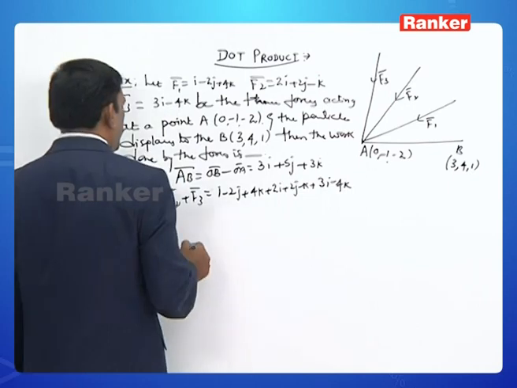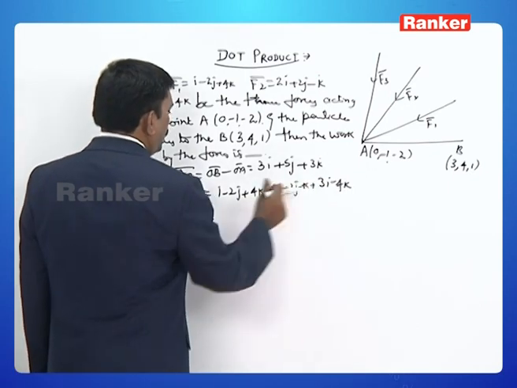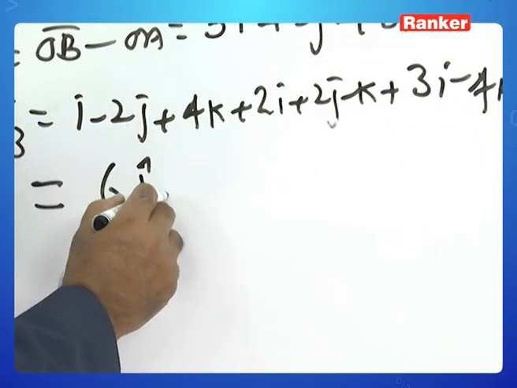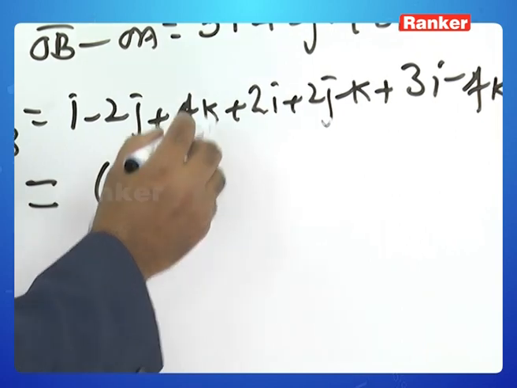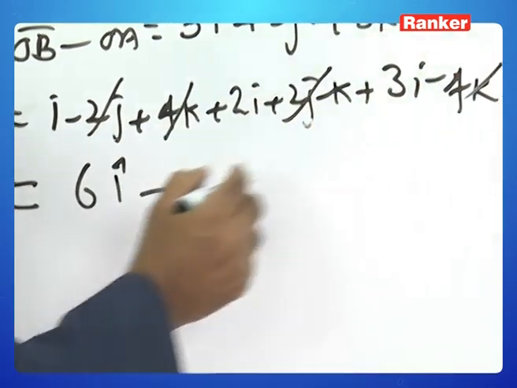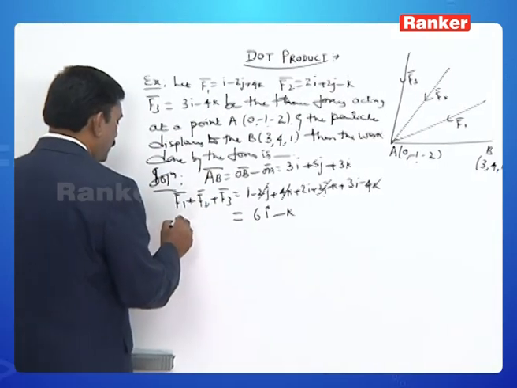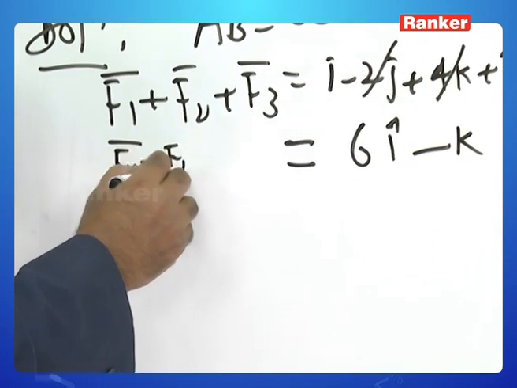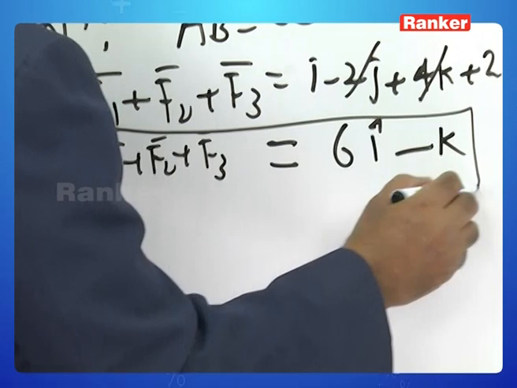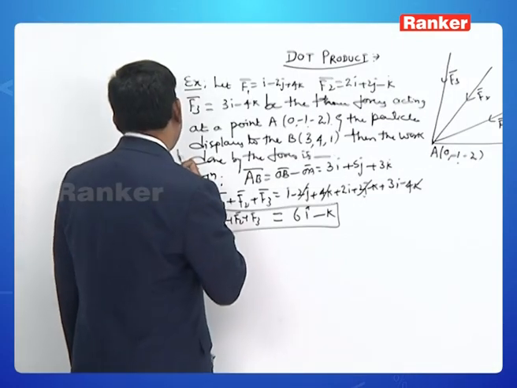Now add up: i, 2i, 3i, 6i; minus 2j plus 2j is 0; now 4k minus k minus 4k, minus k. This is called the sum of all the three forces.